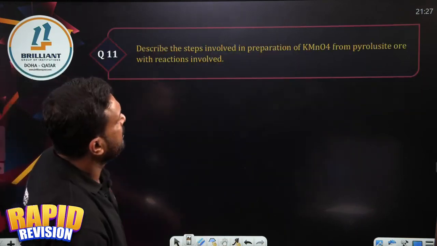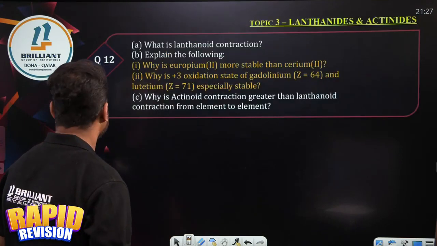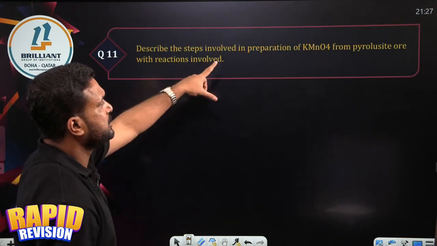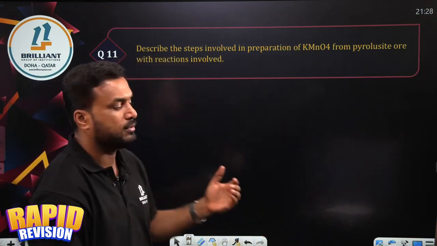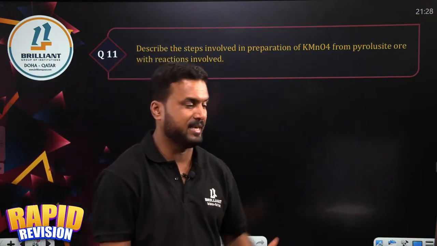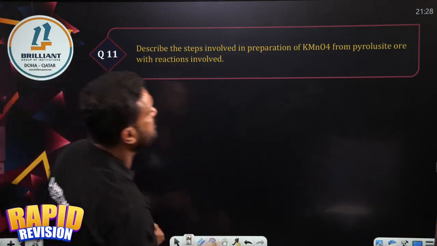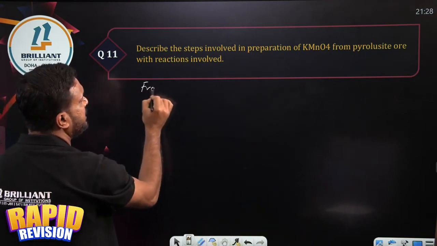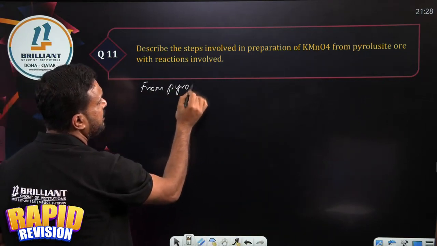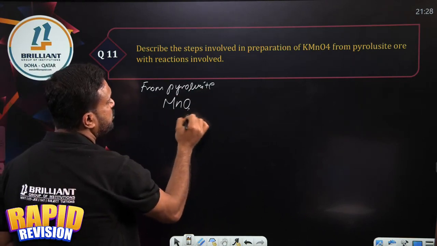Now the last one, I think we have one more topic. This is the preparation of which one? KMnO4. Either the KMnO4 preparation or K2Cr2O7 preparation they can ask. Listen, KMnO4 preparation means you know the steps involved for KMnO4 from pyrolusite. What is pyrolusite? Pyrolusite ore is MnO2.